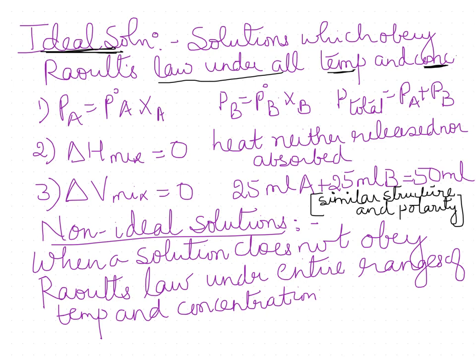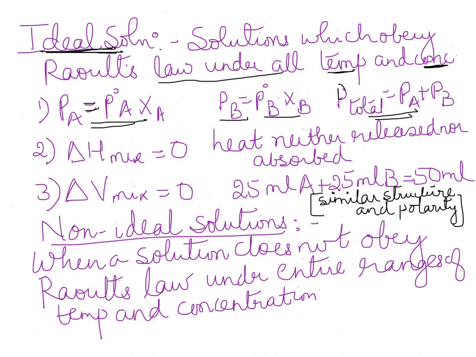That means there are a few criteria which should be followed by a solution if it is to be called an ideal solution. So it is obeying Raoult's law. In that case, PA is equal to P0A into XA, PB is equal to P0B into XB, and P total is equal to PA plus PB.